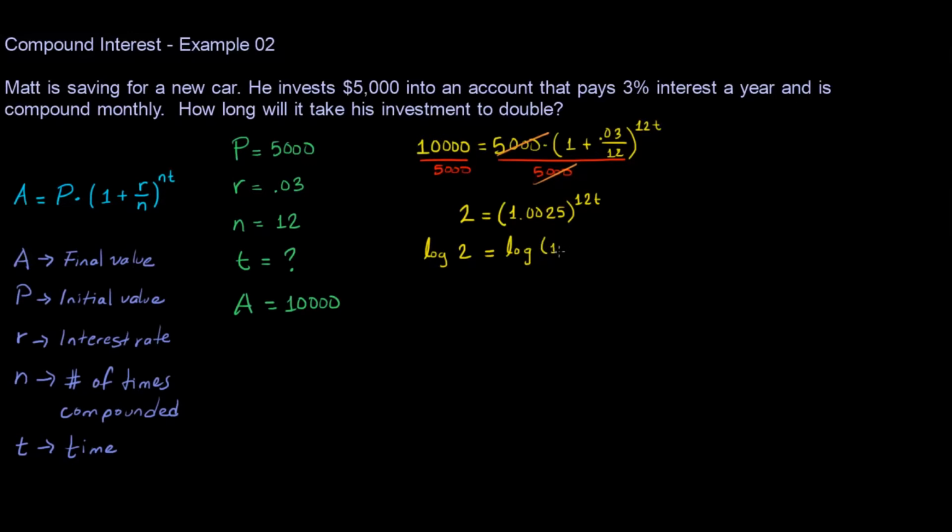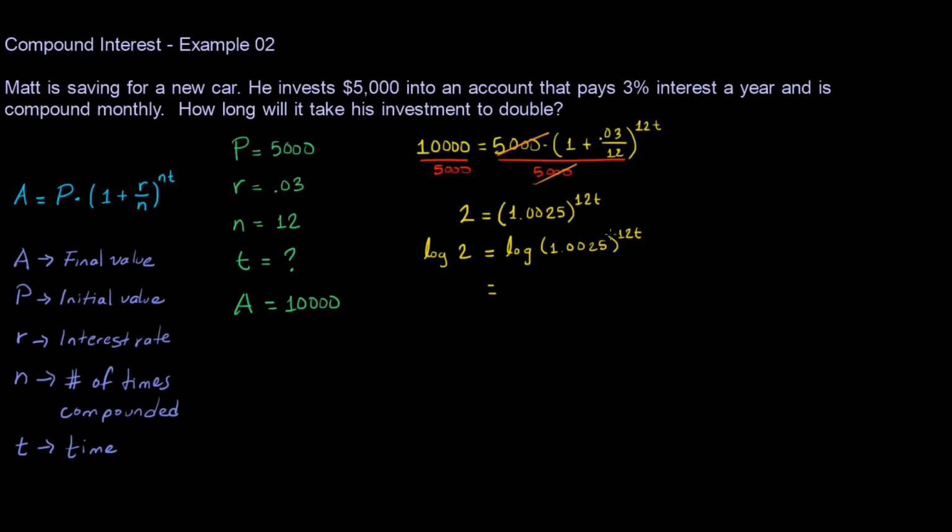So it would look like this: 1.0025 raised to the 12 times t. Now, if you have a super nice calculator, you could just use a log base 2 or even the log base of 1.0025, which will make your life much easier. If you don't, don't worry. You can just use log base 10, and it would work nicely with the same result at the end.